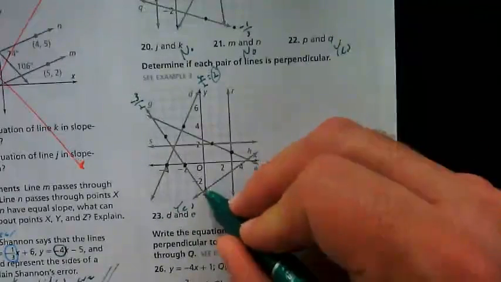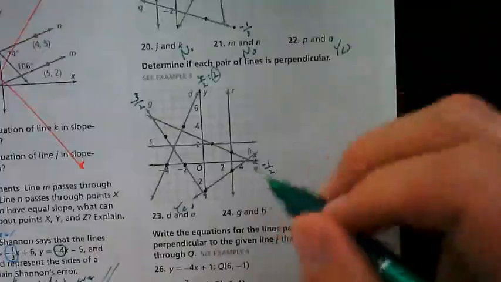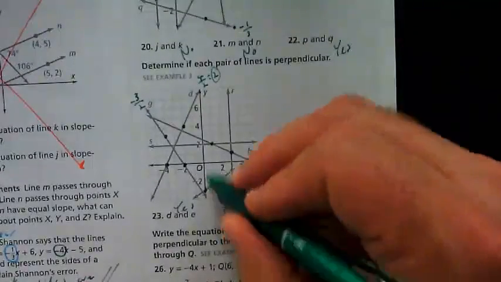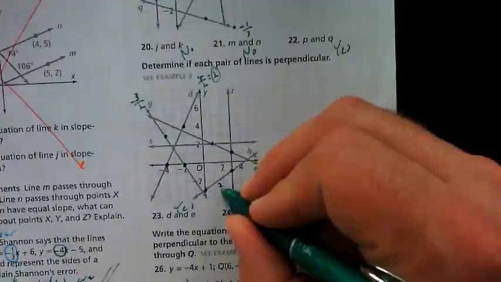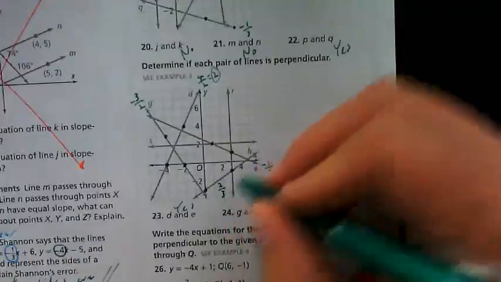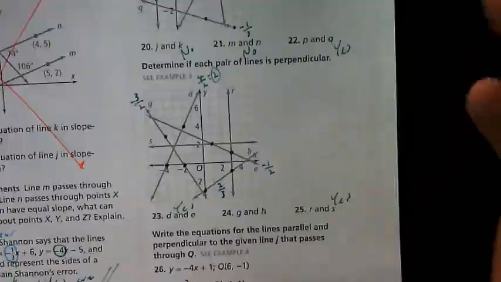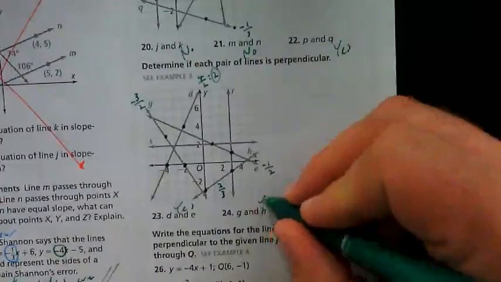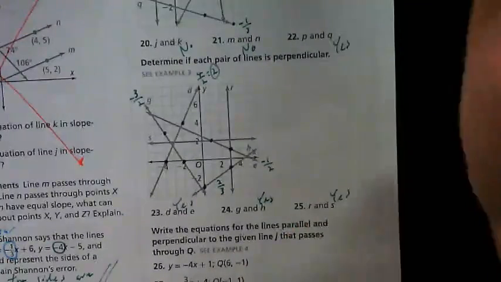So, pick 2 points. There's a point, there's a point. Here I have up 2 over 3. Well, are those opposite reciprocals? Yeah. So I got yes for all 3, it looks like.